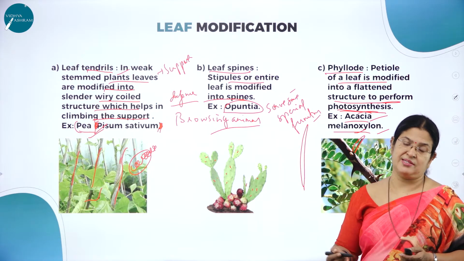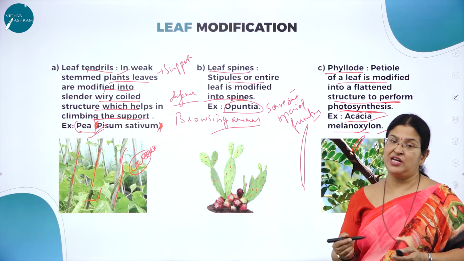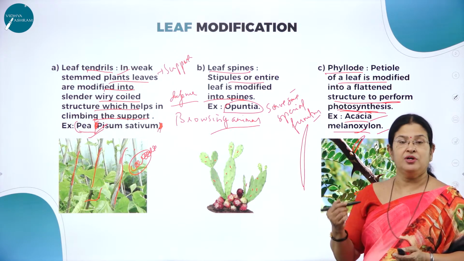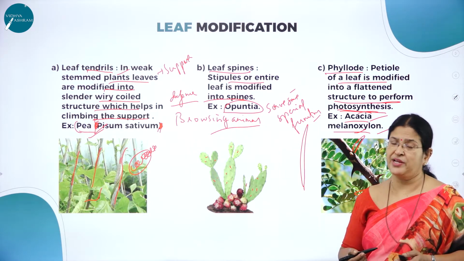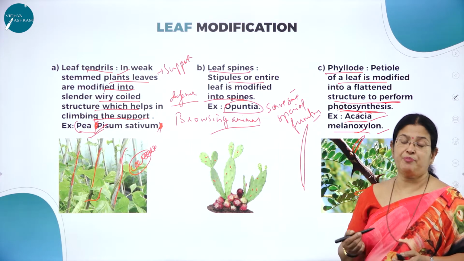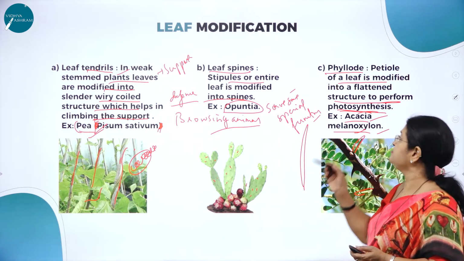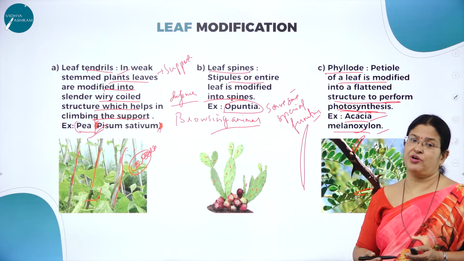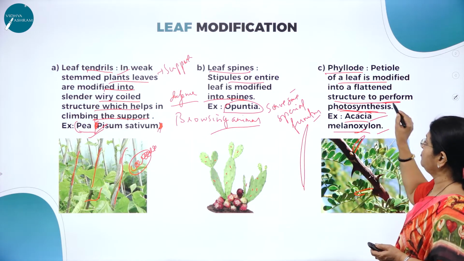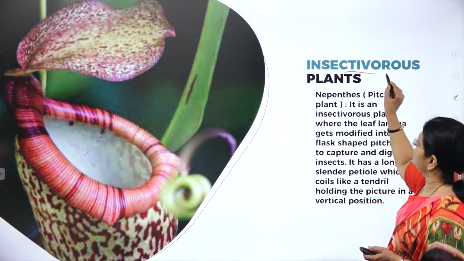Then leaf spines, as I said, sometimes the stipules, or maybe the entire leaf, may get modified into spine, and it is mainly for protection, for defense, so that it can avoid the browsing animals. Then moving across the phyllode, as I said, petiole of a leaf is modified into a flattened structure to perform what? Photosynthesis. Moving on to the insectivorous plants.